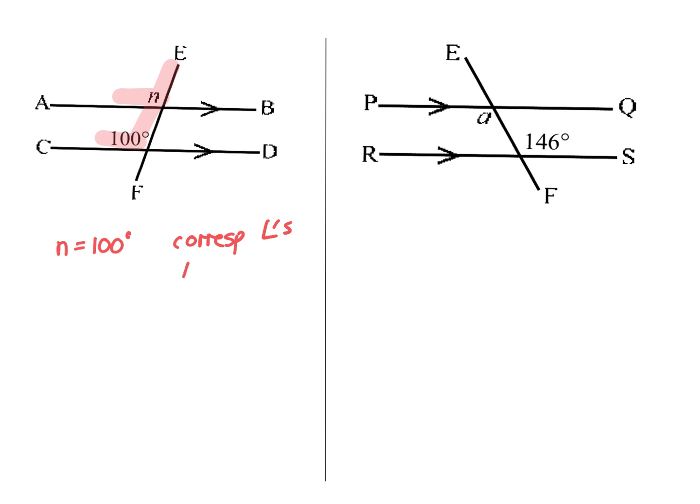And hopefully you remember that I have to write which lines are parallel. In my next one, the letter that I can see here is an N or a Z. So that means that A is 146 degrees, and that is alternate angles. My parallel lines are PQ and RS.